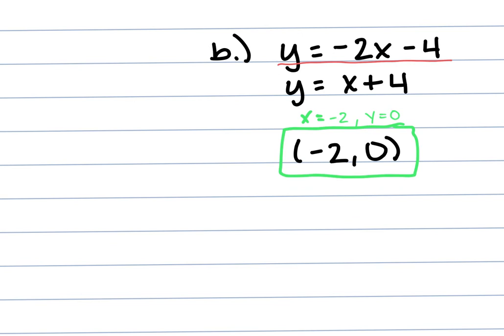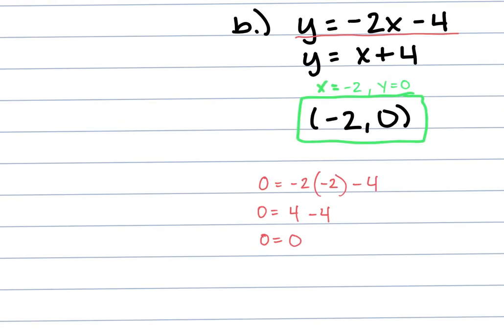So I've got y, which is now 0, equals negative 2 times, plug in x, which is negative 2, minus 4. I'm going to get 0 equals negative 2 times negative 2, which is positive 4, minus 4. So 0 equals 0.